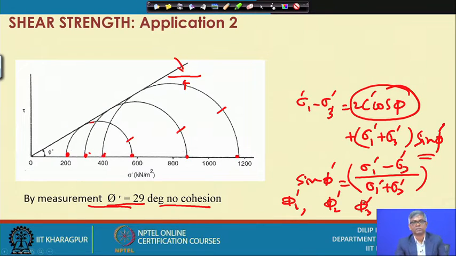Though the same identical soil sample is used, all three are supposed to give the same value, but because of problems in the experimental setup or many other reasons, we may get slightly different values. Finally, the average of these three can be reported as the effective angle of internal friction, the shear angle of this sample.